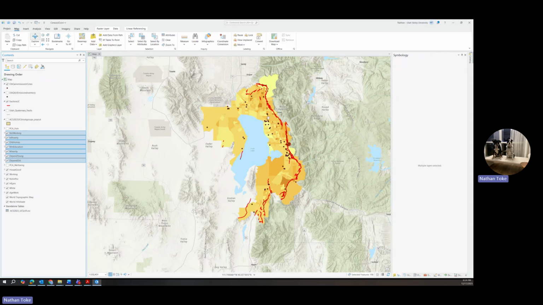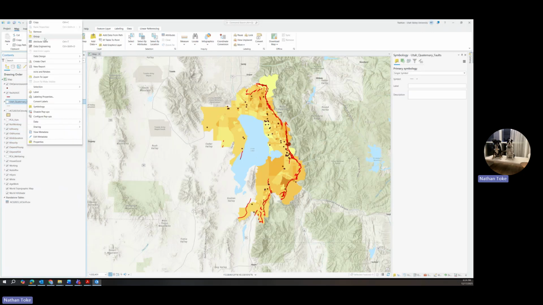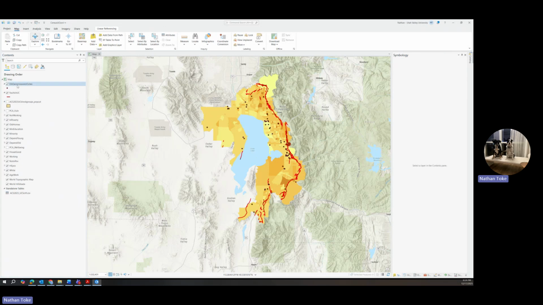Okay, so the way we want to relate these hazards, the air emission sites, I'm going to remove the things that we're not looking at. So the air emission sites and the faults, we want to run some buffers.